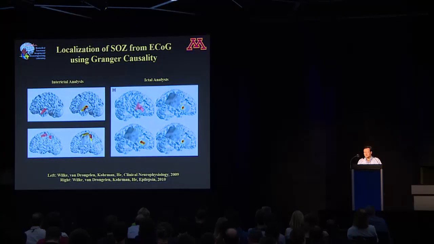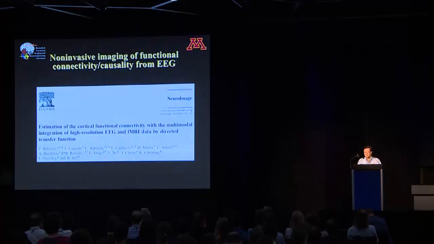The right side of this slide illustrates Granger causality analysis during the ictal, the seizure data. Once again, the top left panel is the clinically defined seizure onset zone, while the other three panels show the outflow derived from the ictal analysis of Granger causality.